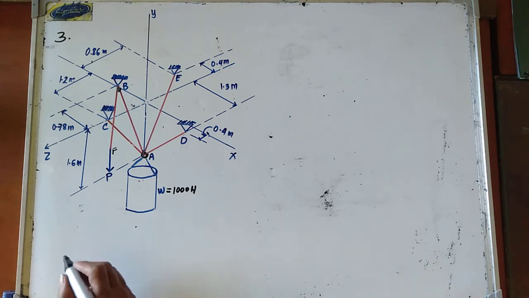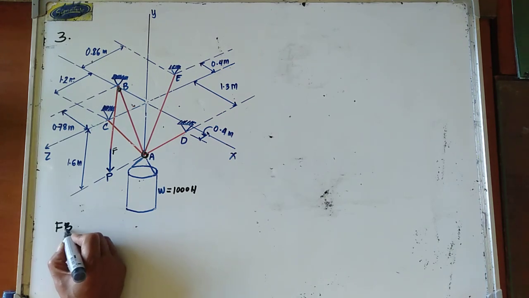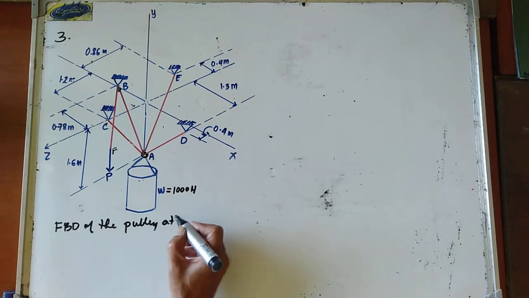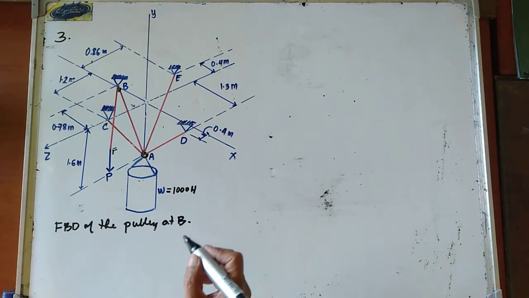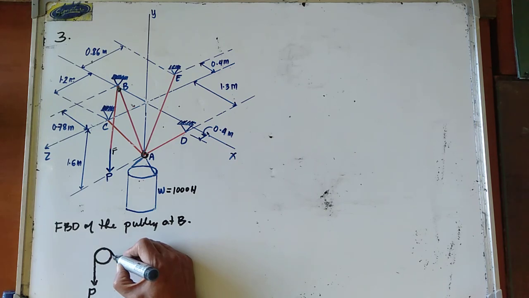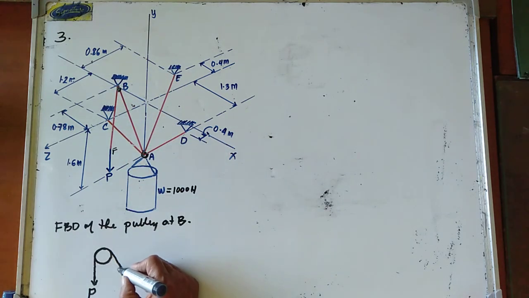First, let's draw the FBD of the pulley at point B. So we have the pulley at point B, and this is your P. It runs over the pulley at B, and therefore this is now via cable AB, your TAB.